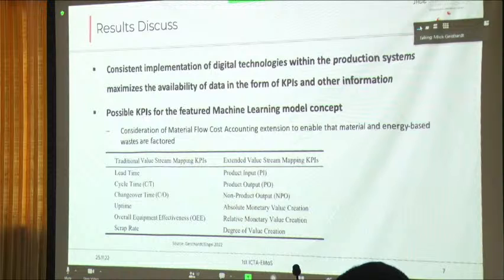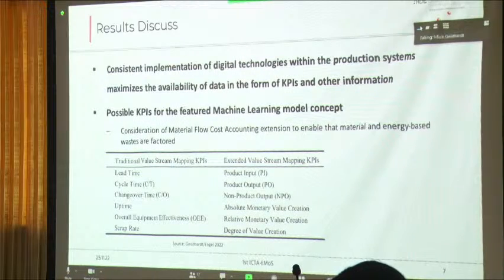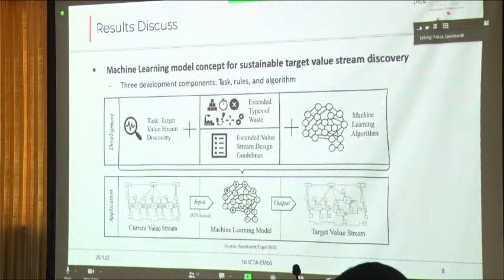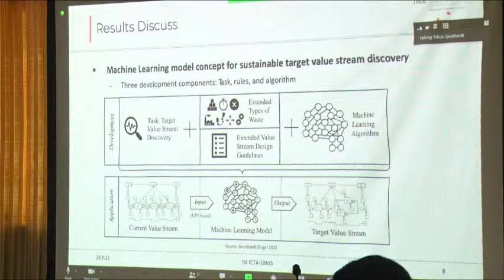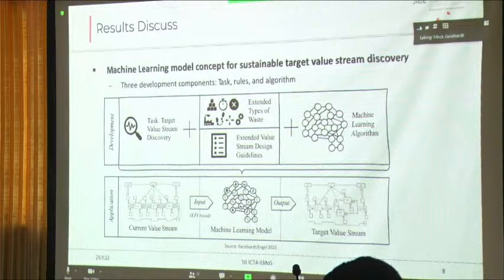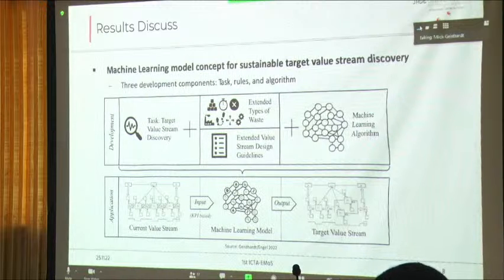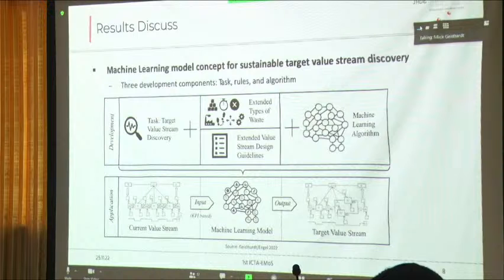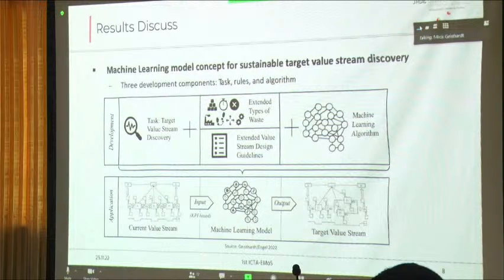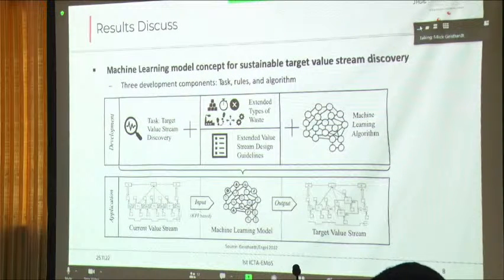Here, a little insight into the results, our ideas for the model concept. Of course, the overall target is the sustainable target value stream discovery, or assisting the improvement team in the discovery. Within our thought process, we thought about 3 development components, which we could define. We basically need task, rules, and the algorithm.